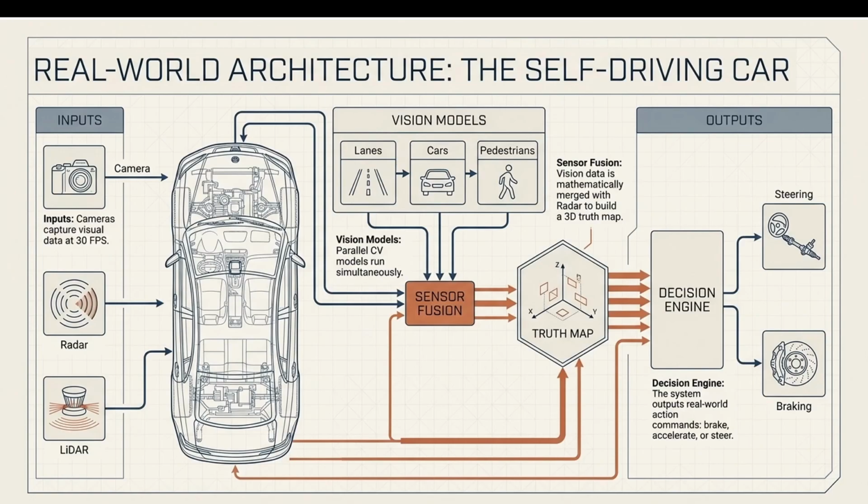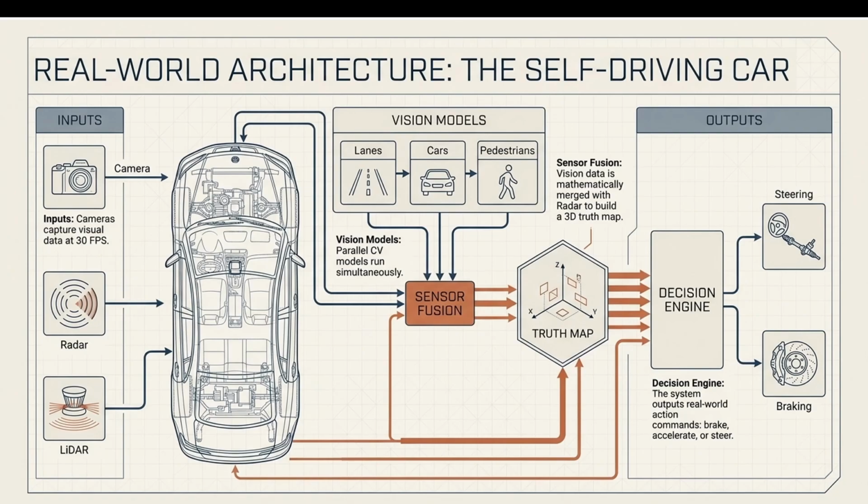Real world architecture. Let's consider the case of a self-driving car. The main module which is going to allow computer vision to happen is the camera module, which is going to be a high-end camera module, and the other main components for the self-driving car to work are the radar and the lidar.